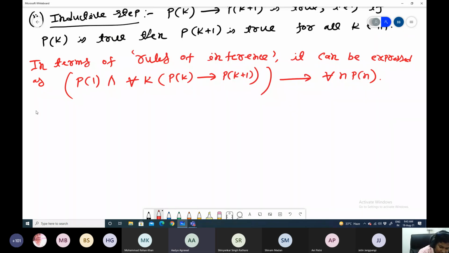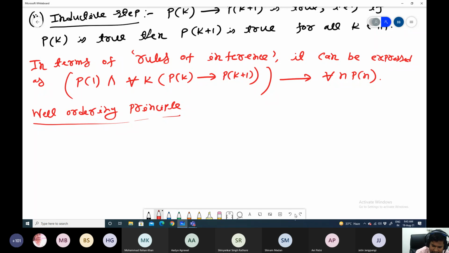Now let us start with the well-ordering principle. This is an axiom. Do you know what an axiom is? It means you cannot prove this. Mathematics starts from here only.